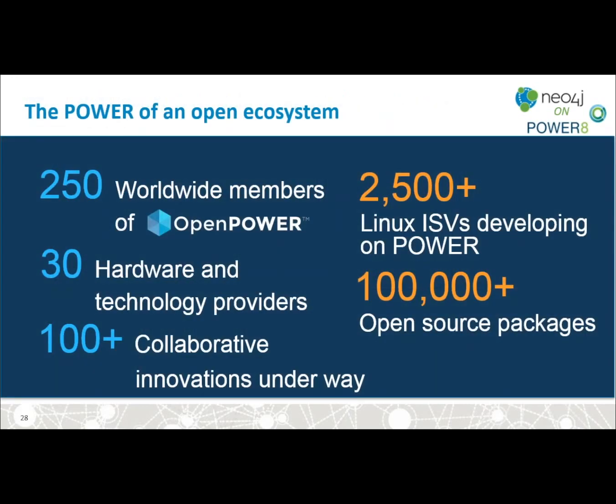So again, in terms of Neo4j and in terms of looking at open source databases and other applications, we now have almost 2,500 plus Linux ISVs developing applications on Power, and more than 100,000 plus open source packages. So this is a really vibrant collaborative platform, and you're going to see even more innovation being delivered by IBM and by our partners in the space.